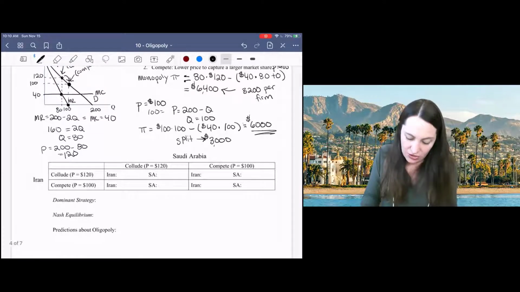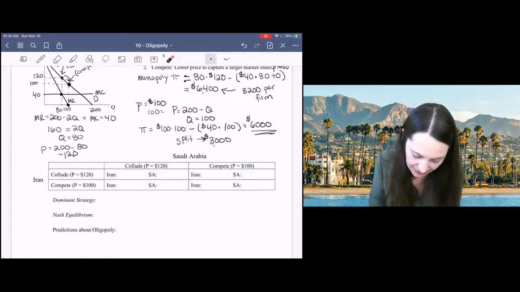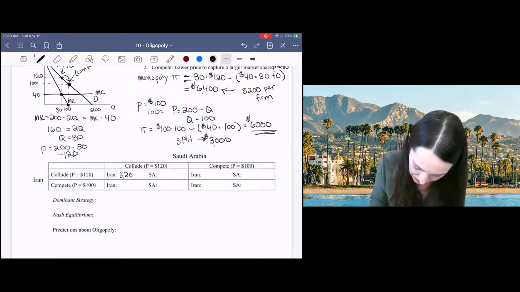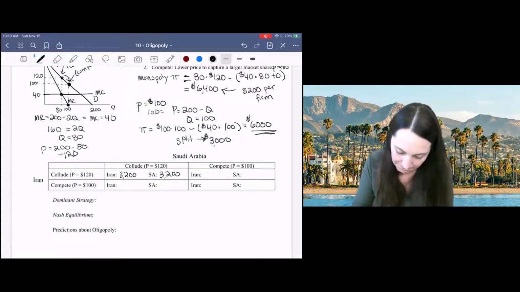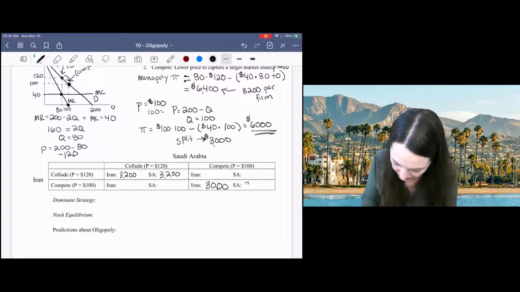If both firms set a price of 120, that's the monopoly price, and they each earn $3,200 in profit. And if they both set a price of 100, they'll each earn $3,000 in profit.